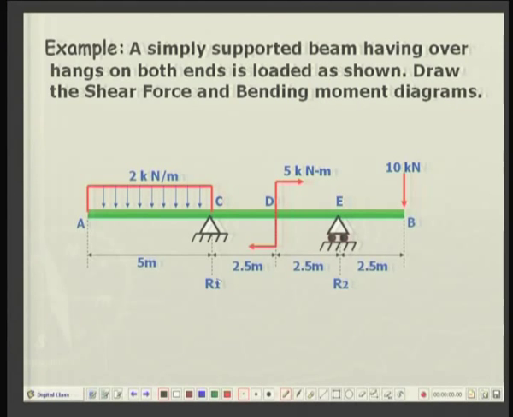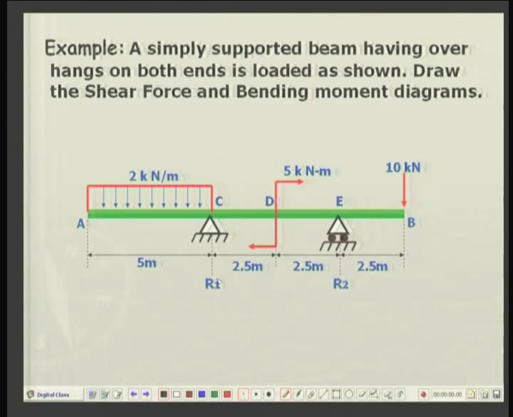Let me take up a very interesting problem with the mixed type of loadings. On some part of the beam there is a distributed load, a well defined uniform function, something called rectangular loading, uniformly distributed load or rectangular load, and there is a concentrated moment and a concentrated load.